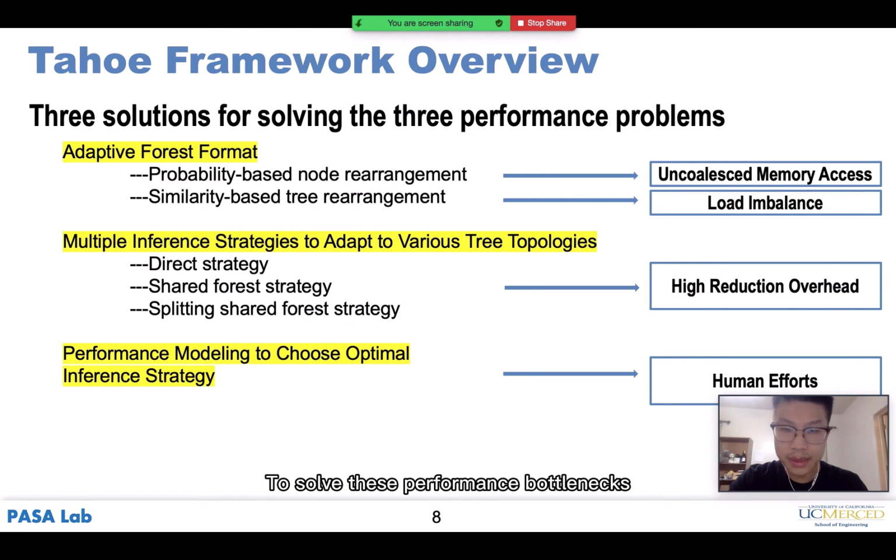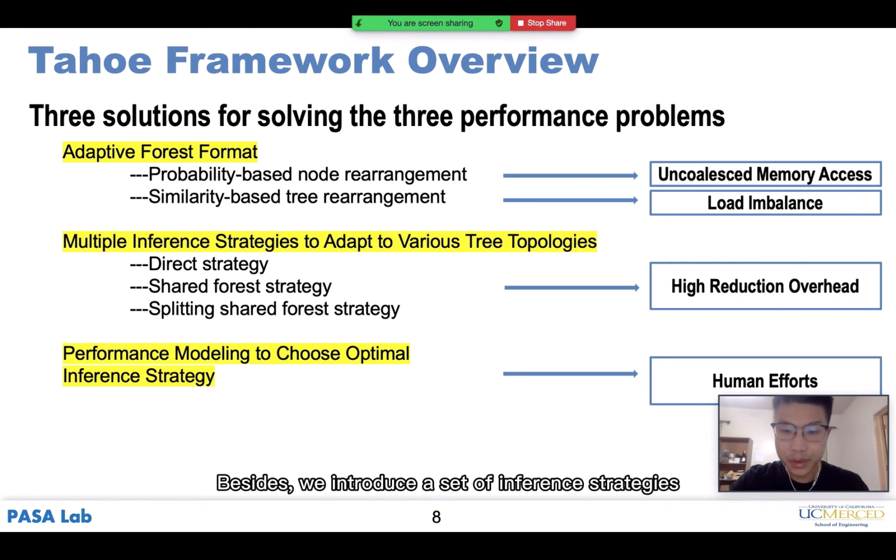To solve these performance bottlenecks, this paper proposed Tahoe, a tree structure-aware high-performance inference engine on GPU. Tahoe designed an adaptive forest format to enable coalesced memory accesses and load balance.